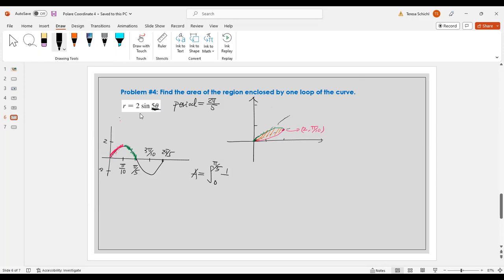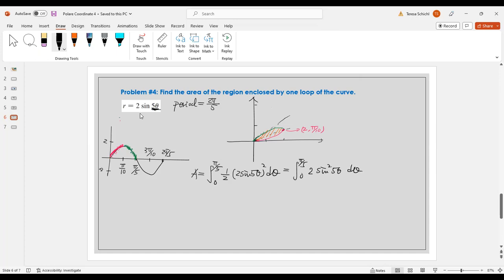So it's 1/2 r squared, so it's 2 sine 5 theta, squared, d theta, from 0 to pi over 5. So this will be 2 sine squared 5 theta d theta.